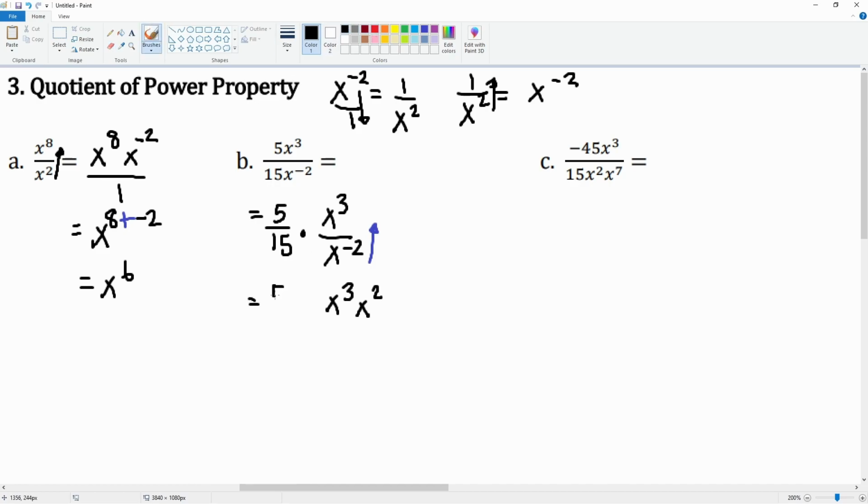Then let me bring down the 5 over 15. 5 over 15 simplifies to 1 over 3 times x to the 3 plus 2. So I get the final answer of x to the 5th divided by 3.